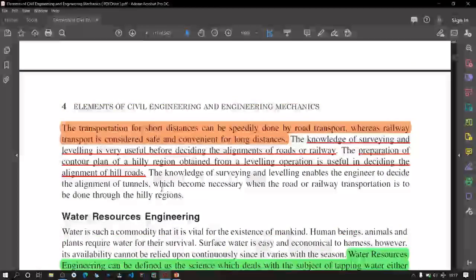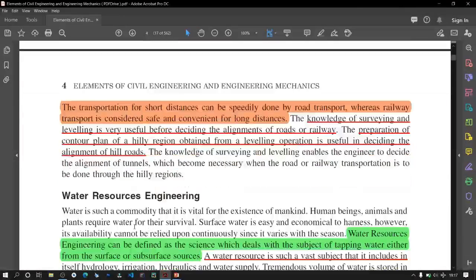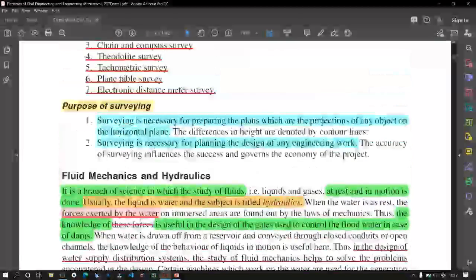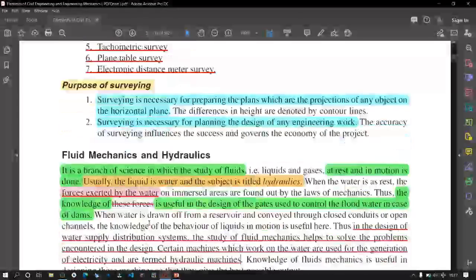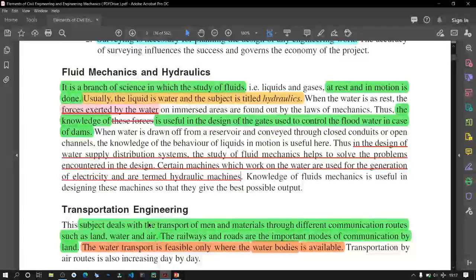So there are two water subjects. One is water resources engineering, and the other is hydraulics and fluid mechanics. The difference is that hydraulics works on how to use water energy, like water in a dam and water in the river, to benefit our daily life.